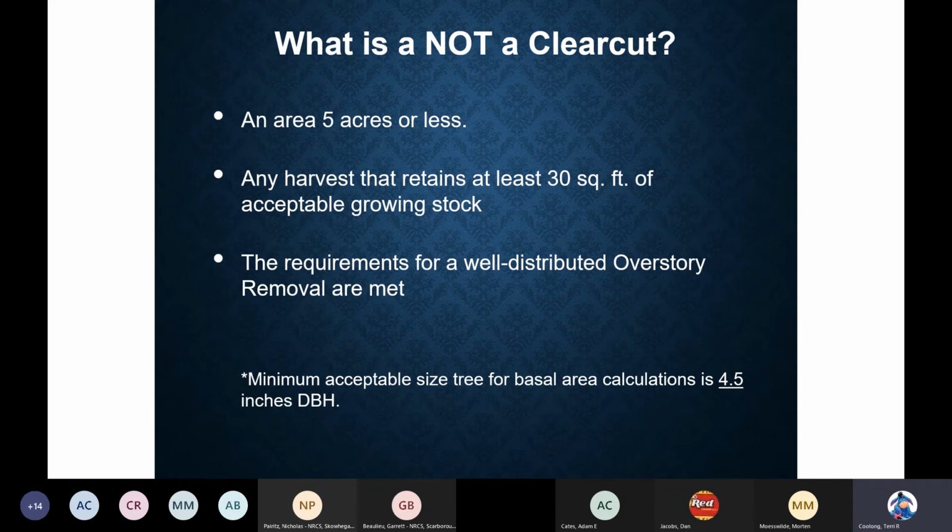If your harvest retains at least 30 square feet of acceptable growing stock, then that is not a clear cut. Or if you can do a well-distributed overstory removal. And when we're talking about clear cut, we're only talking about trees that are 5.5 inches or larger. We don't consider anything smaller than that when we're determining basal area.